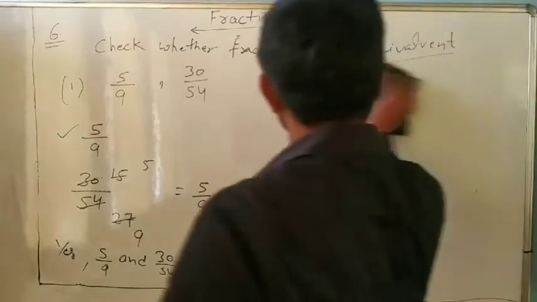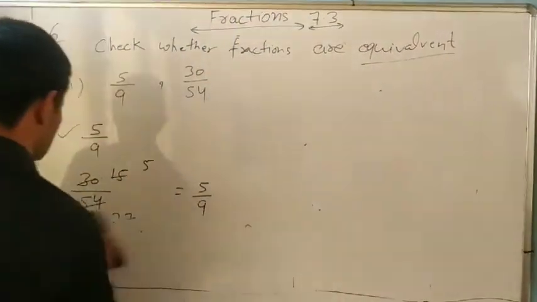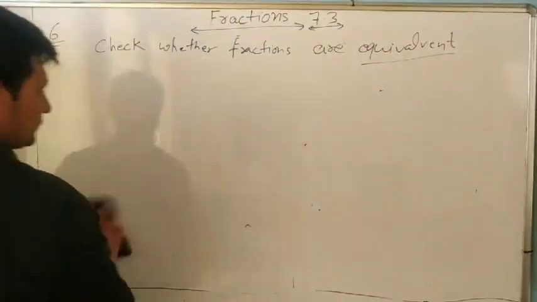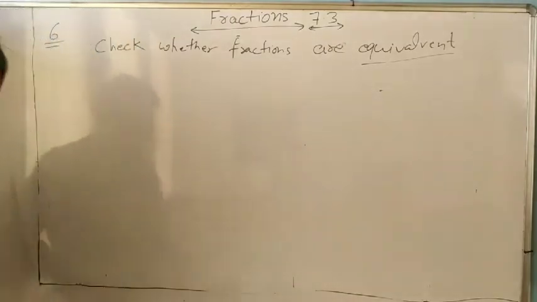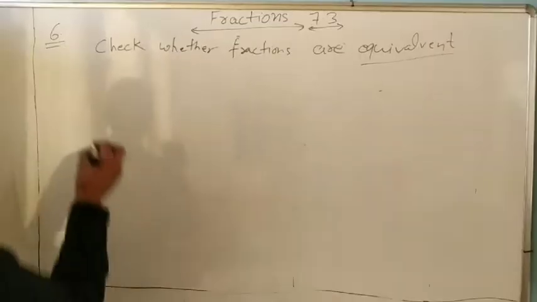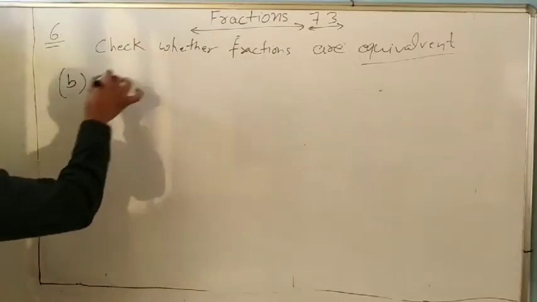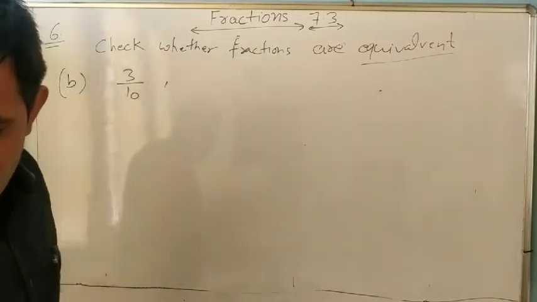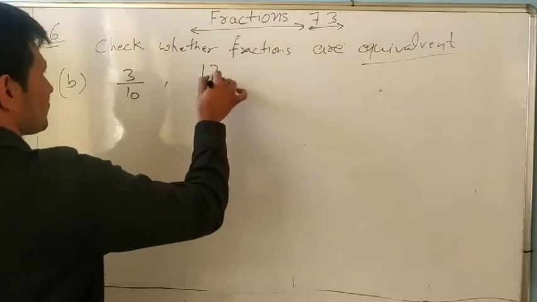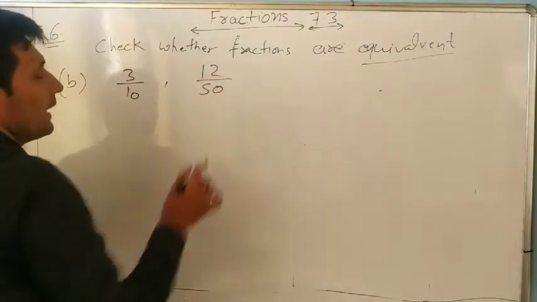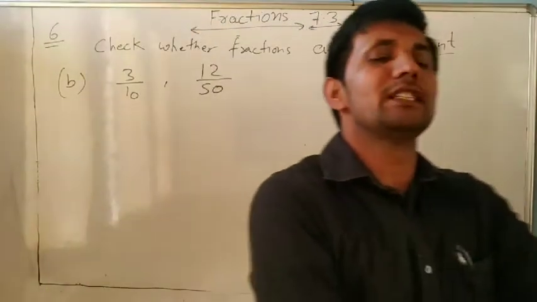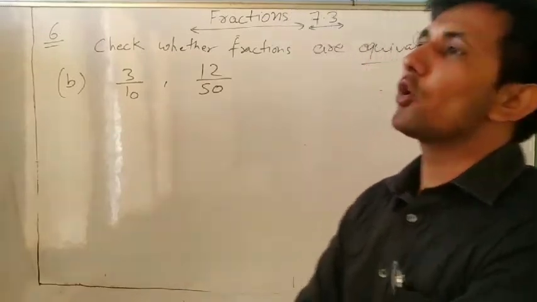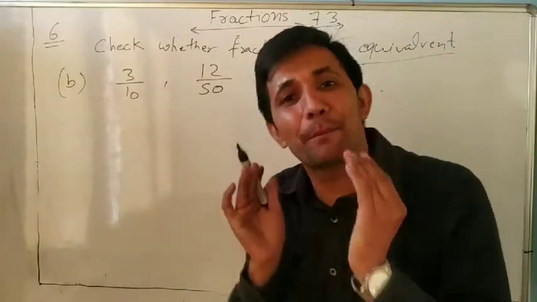Next is the B part. Check whether they are equivalent fractions or not. A simple method is to reduce them to simplest form.